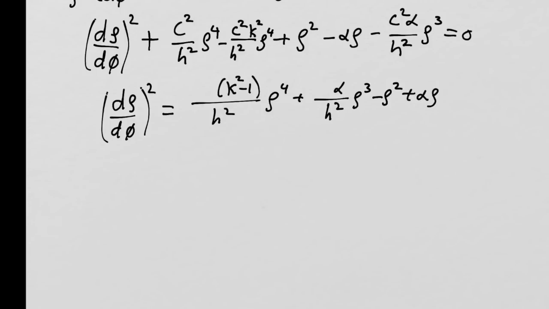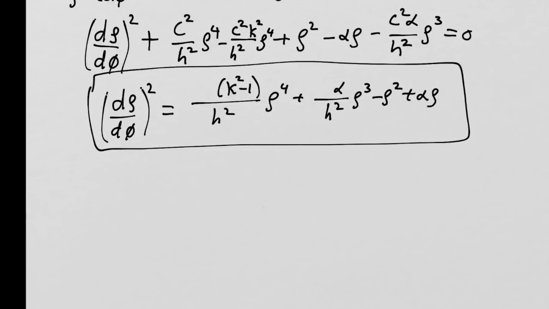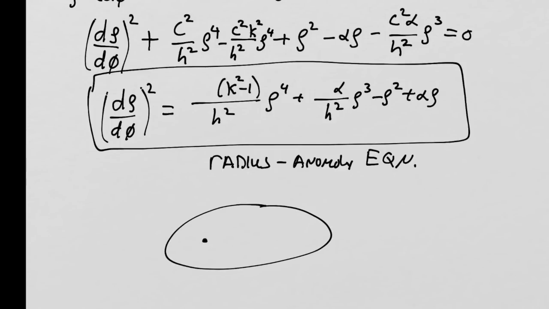And this is called the radius anomaly equation. And anomaly is not meant to be something unusual, but when you have an orbit, an elliptical orbit, the anomaly of that orbit is one of these angles.